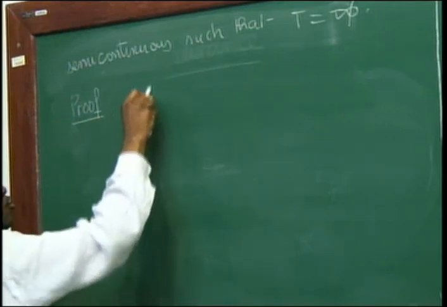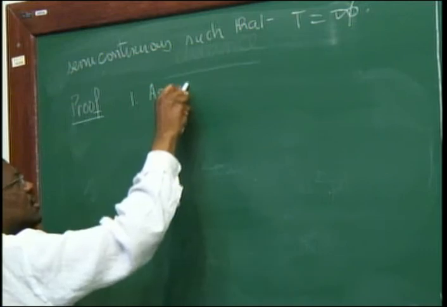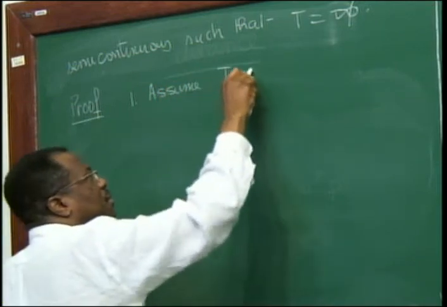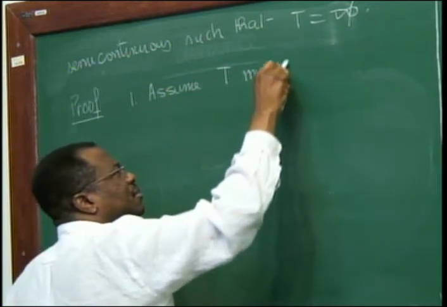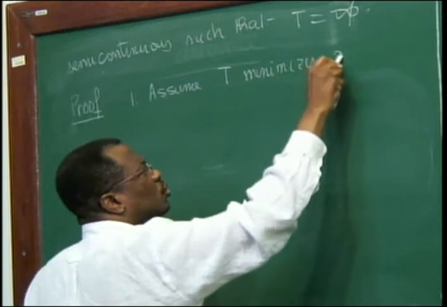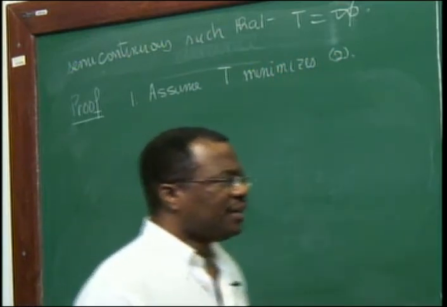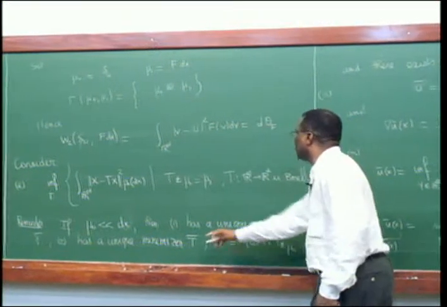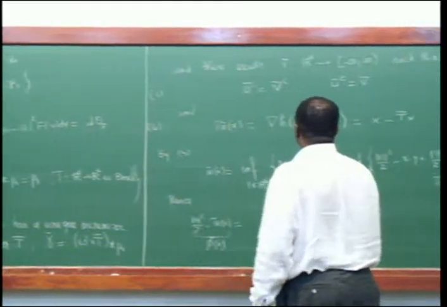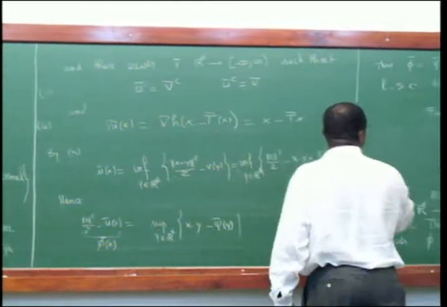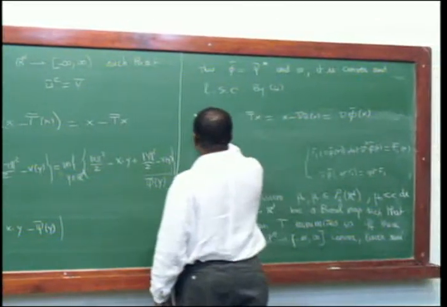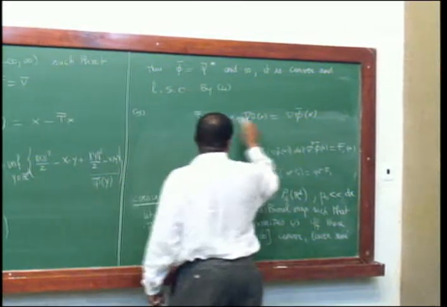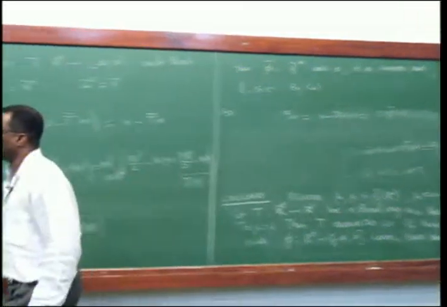First, assume T minimizes (2). Then it is written here that the minimizer is unique. It is T bar, and T bar, call this (5), and T bar is a gradient of a convex function.